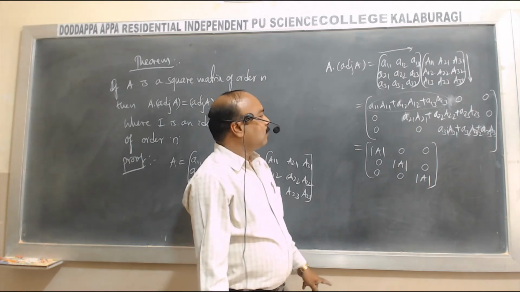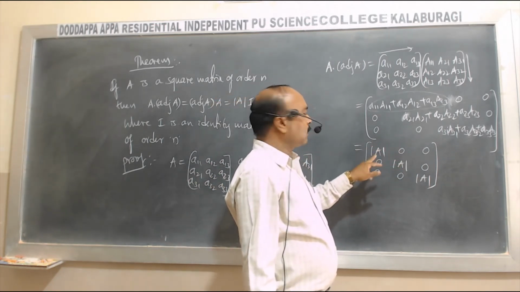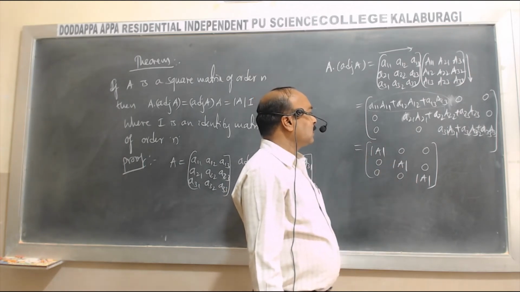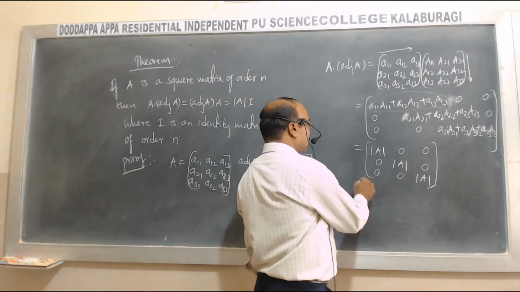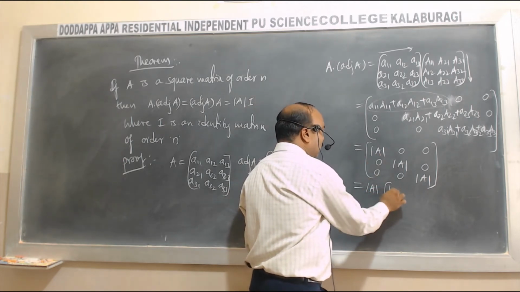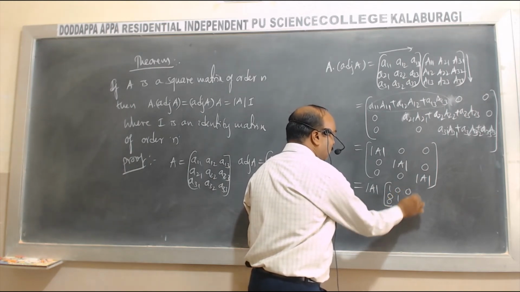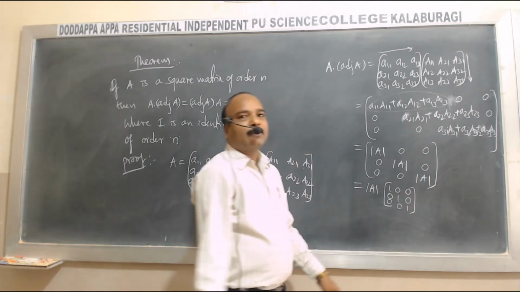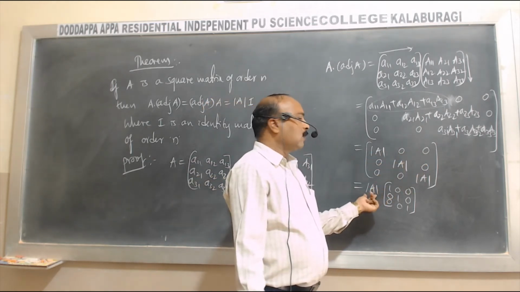Now we observe that it is a matrix in which the diagonal elements are equal to determinant of A. So if I take determinant of A outside the matrix, we get 1 0 0, 0 1 0, 0 0 1. It is nothing but scalar multiplication of a matrix. Here determinant of A we have taken outside.